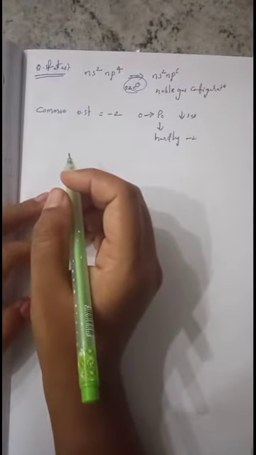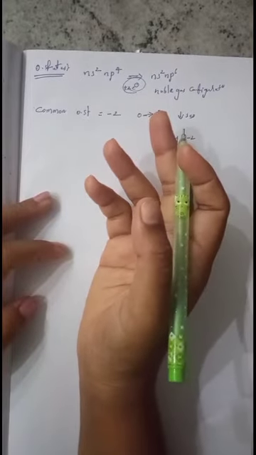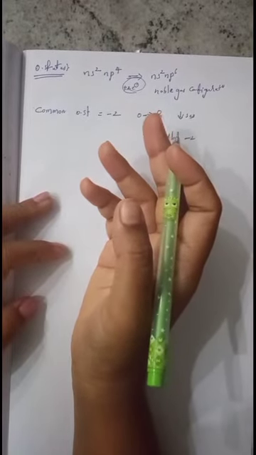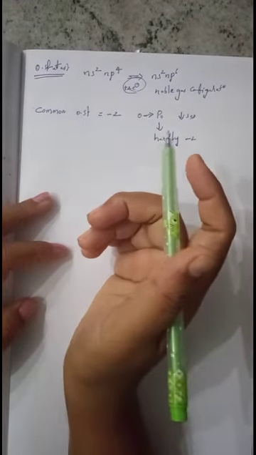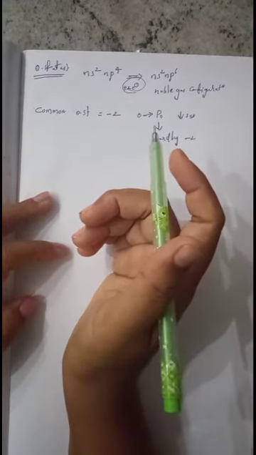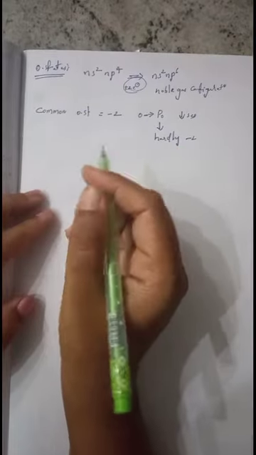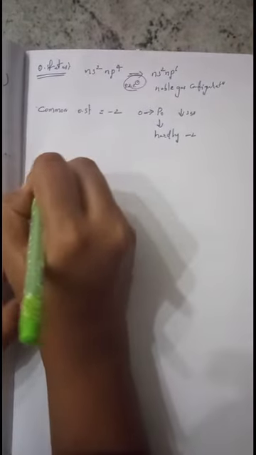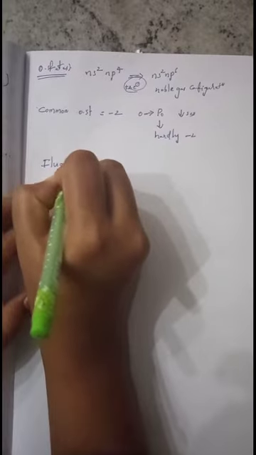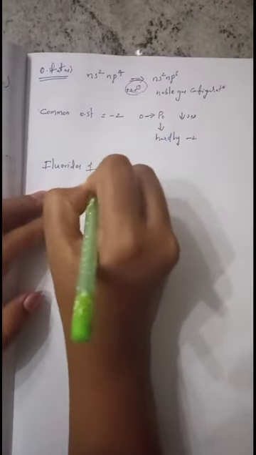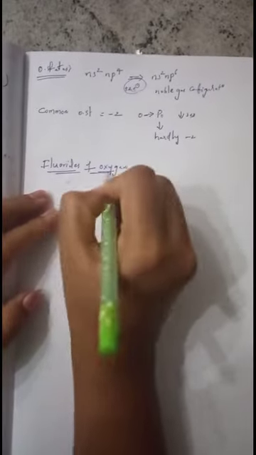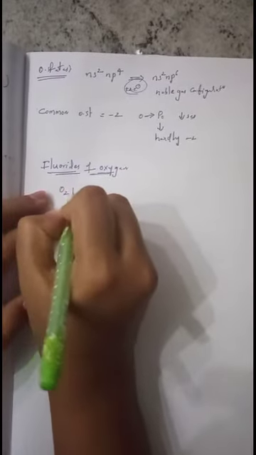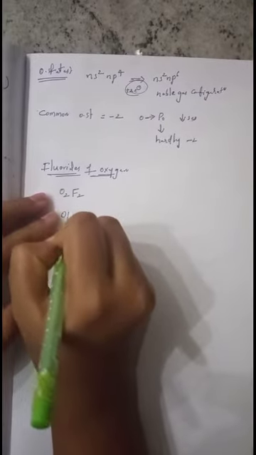Now another oxidation state shown by the oxygen atom: oxygen shows even positive oxidation states in fluorides. Oxygen can show positive oxidation states when it forms fluorides. For example, I am taking O2F2 and OF2.